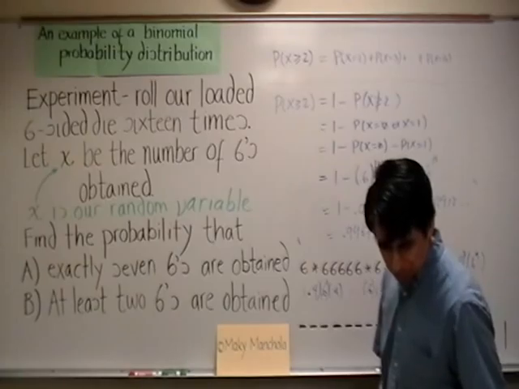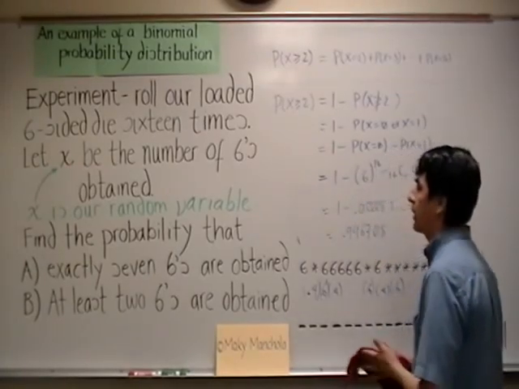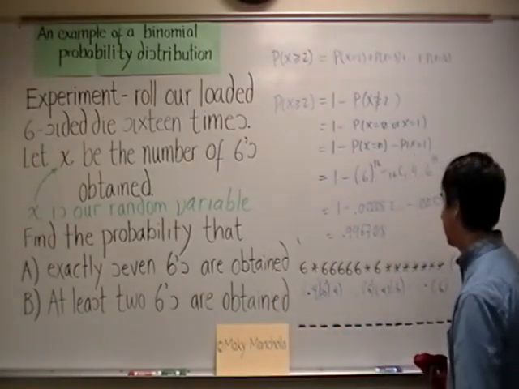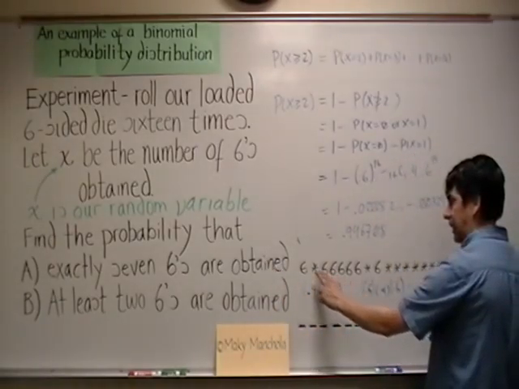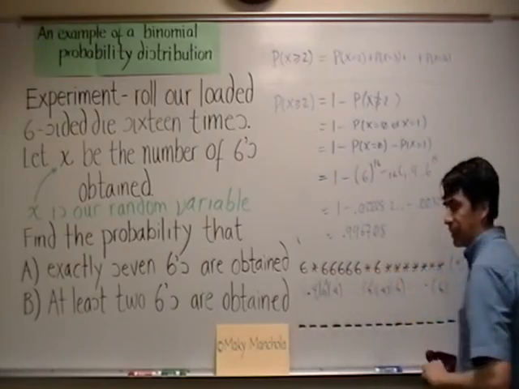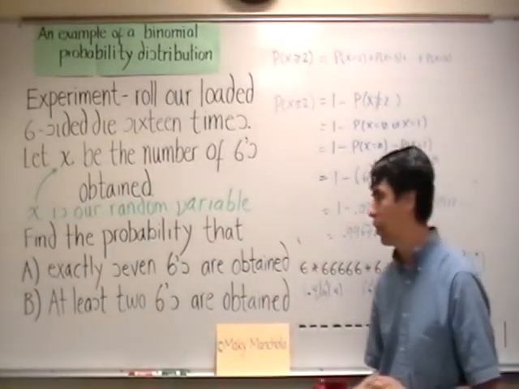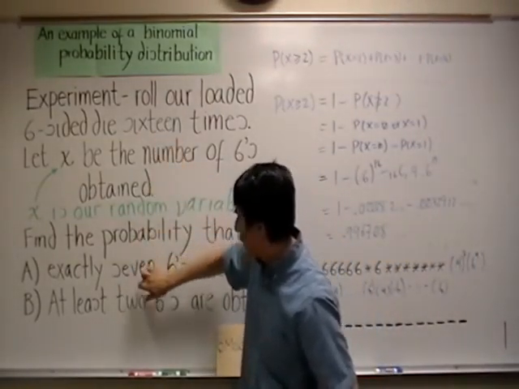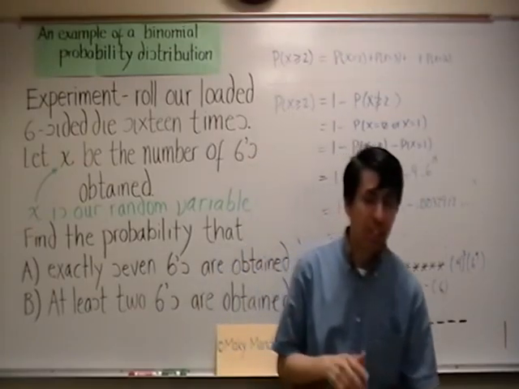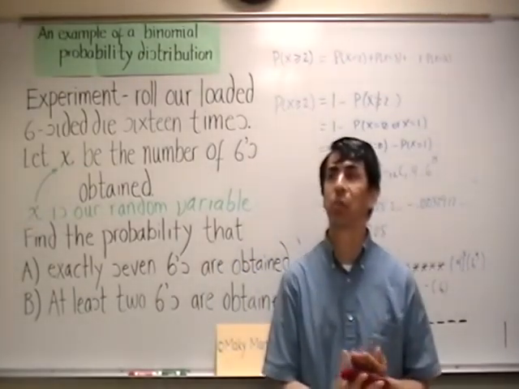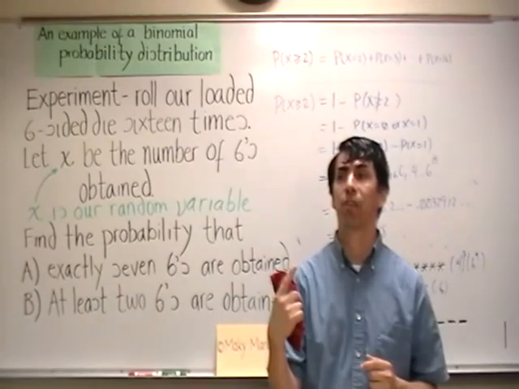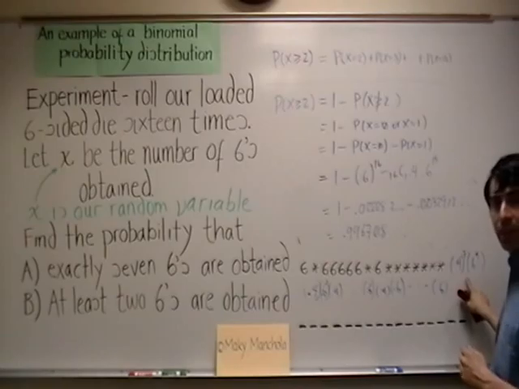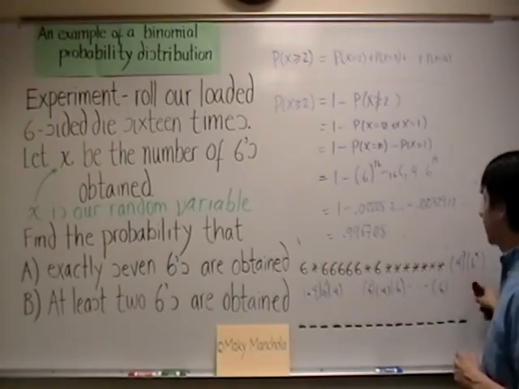In the example, for part A, we considered the different cases where you get exactly 7 sixes. There were a total of 16 choose 7 ways of getting exactly 7 sixes, and then we multiplied that by the probability of each individual outcome, which in each case happens to be 0.4 to the 7th times 0.6 to the 9th.